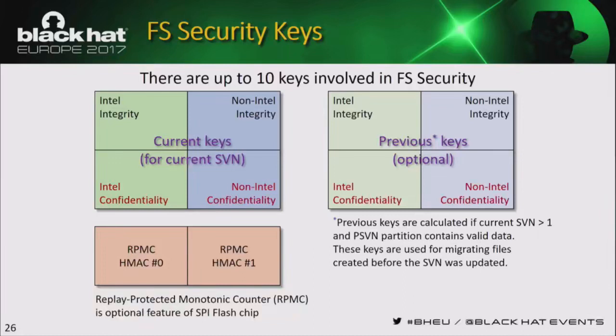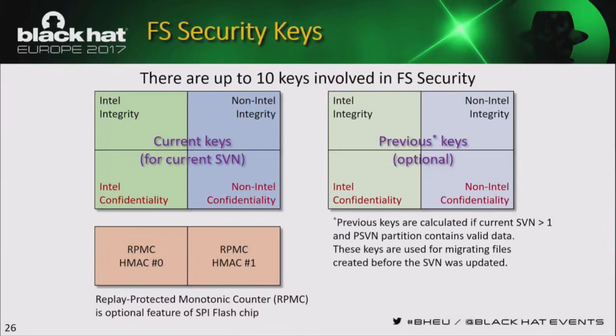When Intel decides that there is some problem with the current version of the management engine and you need to upgrade it, they could increase the secure version number. And after that, there is no standard way to roll back to the previous version of SVN. So for a long time, the current version of SVN was 1.